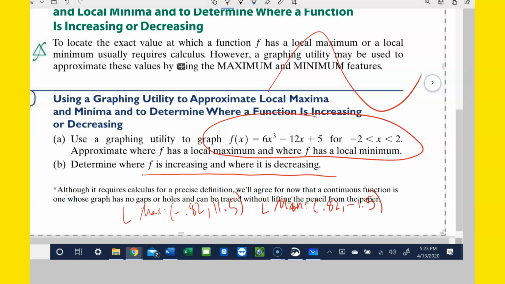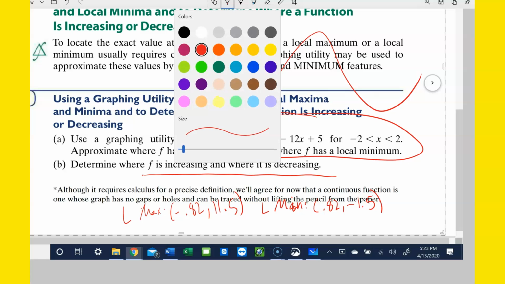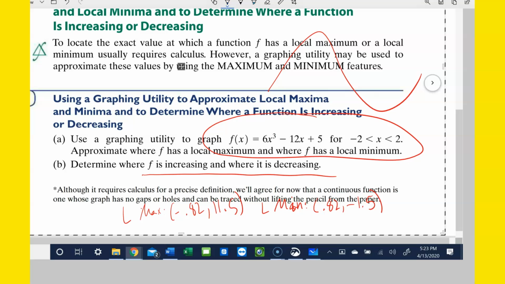Now, okay, that's what it looked like, right? What is my interval of increase and decrease then? It's going to be an interval of increase from -infinity to that x value right there, which we found was -0.82.